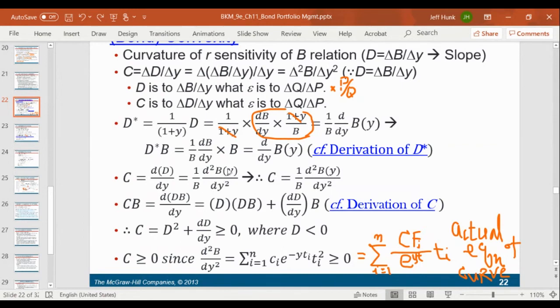And then of course B is a function differentiable with respect to y, so then it is the second derivative of bond price, right?